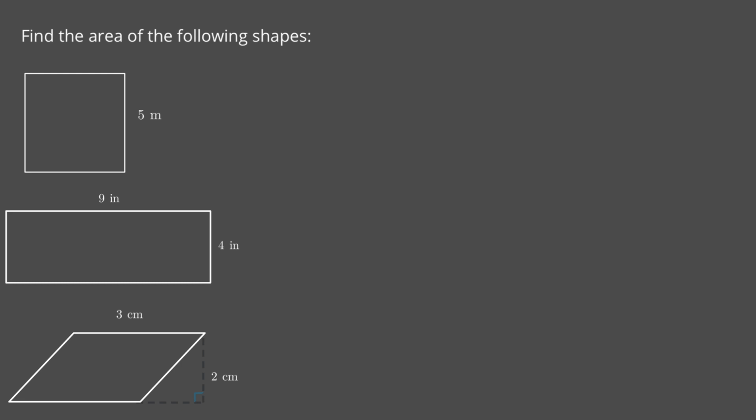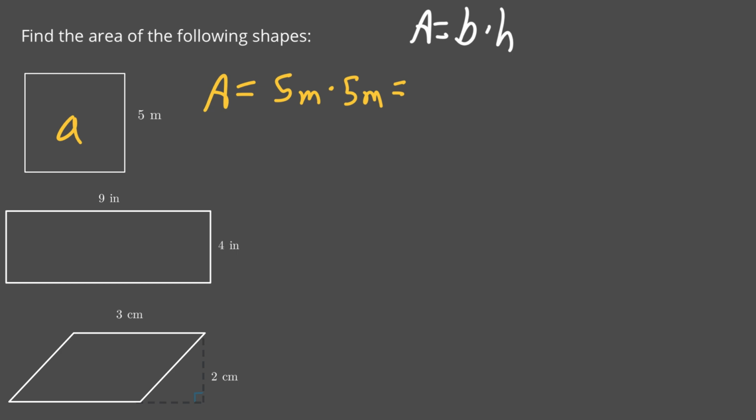Okay, for the solutions, we will start with the square, which we will call part A in yellow. For this part, we remember that a square, like all of the other shapes, is going to use base times height. But for squares, base and height are the same, so we have area equals 5 meters times 5 meters, which will give us 25 meters squared.